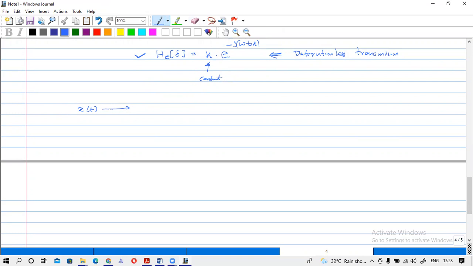Due to those impairments, the transmitted signal can be distorted. We know that this distortion can be minimized or removed.